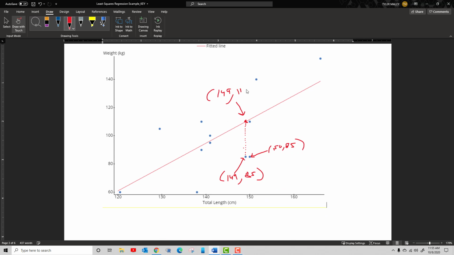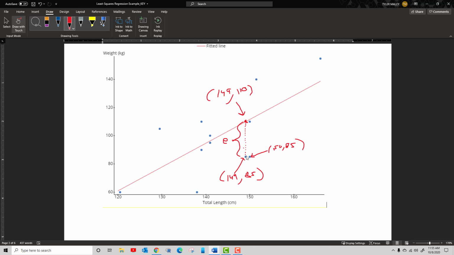So what we were looking for is the residual. The residual of this would be this distance. That distance is e.